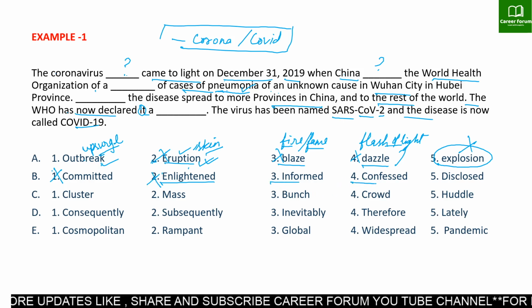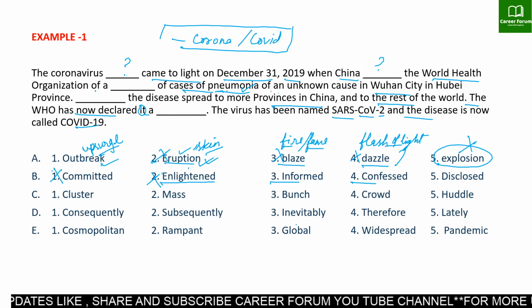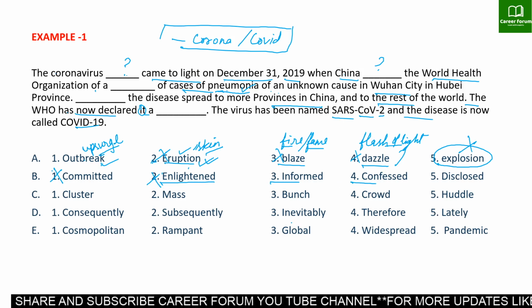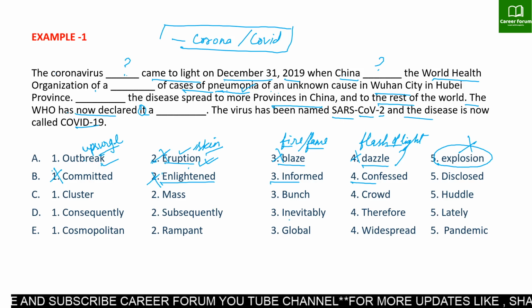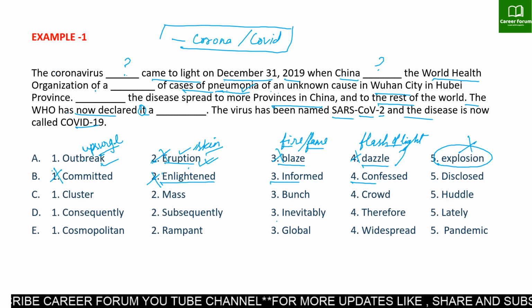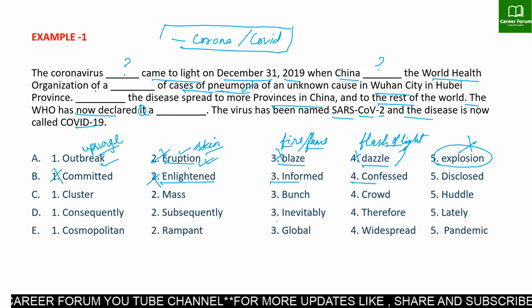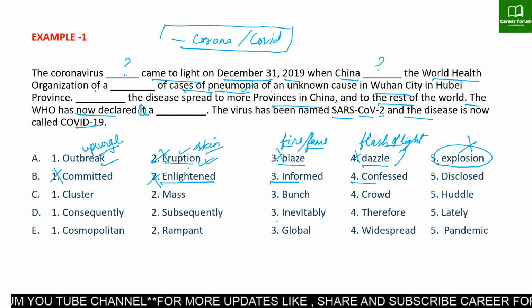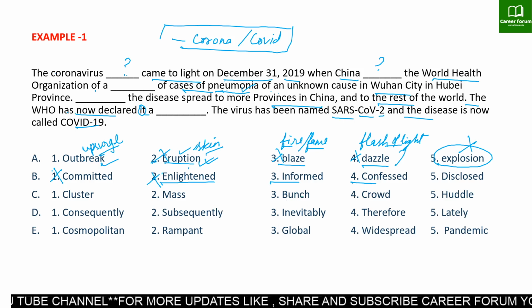Next, look at the fourth word, confessed. Are we talking about any confession here? Are we talking about China admitting that it has spread or cultured the virus in its lab? No, there is nothing like that also.